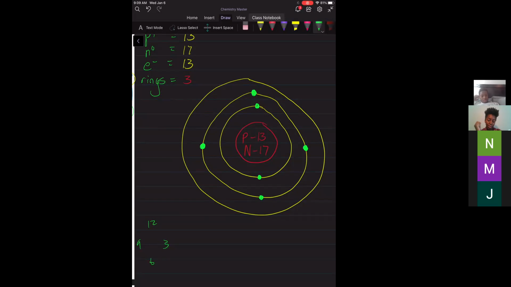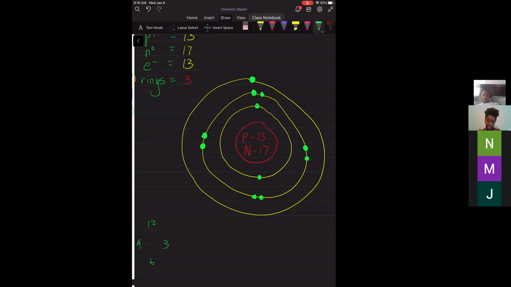So I'm going to go back and put one next to this one. I'm going to pair them up. So this is 1, 2, 3, 4, 5, 6. This is 7, 8, 9, 10. I'm trying to get to 13. So I'm at 10 electrons now. I need 13. So that's 10, 11, because that second ring is full.